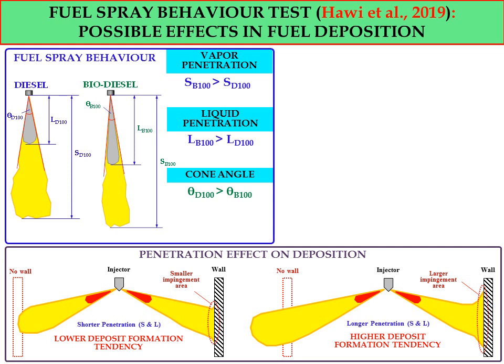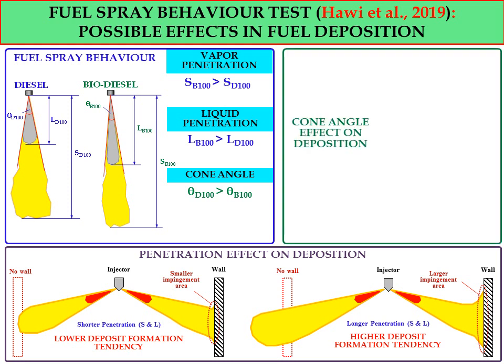When the wall involved is a hot wall in the combustion chamber, we will have a higher deposit formation tendency. Okay, so longer penetration will cause a higher deposit formation tendency compared to shorter penetration.